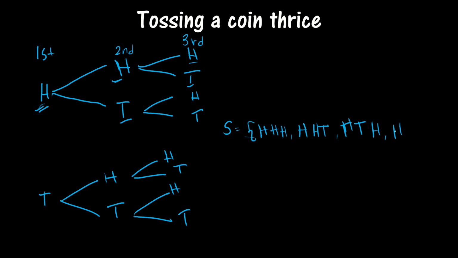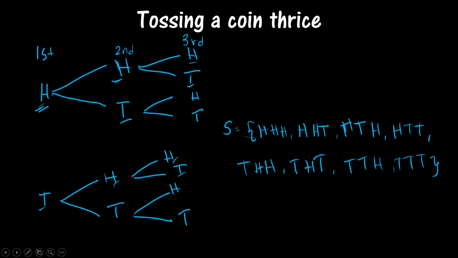Sunod ay heads, tail, tail, dito na po ako sa pangalawa ha, tail, heads, heads. Sunod ay tail, heads, tail, then tail, tail, heads, and all are tails. So, yan na po yung possible outcomes when we toss a coin thrice.